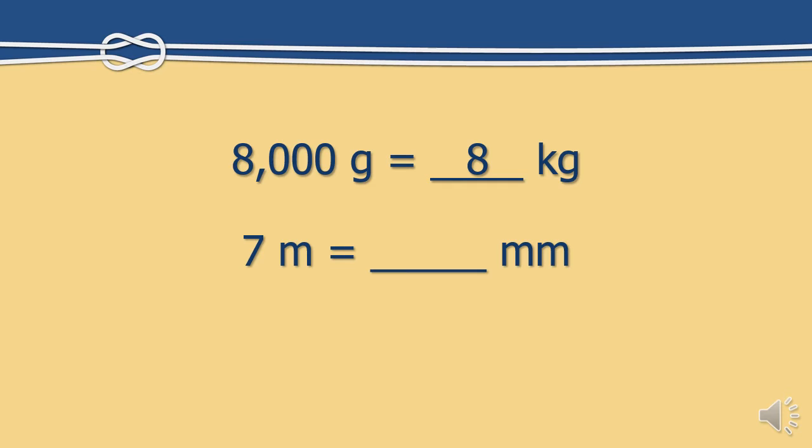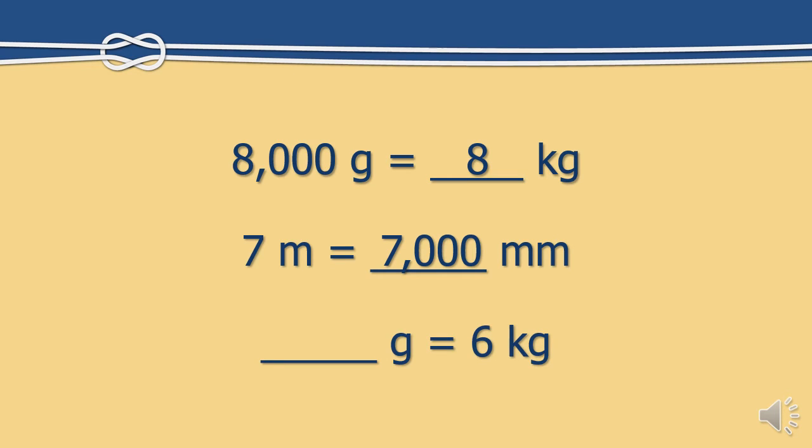We have 7 meters, so we multiply 7 times 1,000, and we get 7,000 millimeters for our answer. Now we're changing kilograms to grams. Let's see, we have 1,000 grams in every kilogram, and we have 6 kilograms. That means we've got to multiply by 1,000. So 6 times 1,000 is 6,000. There are 6,000 grams in 6 kilograms.